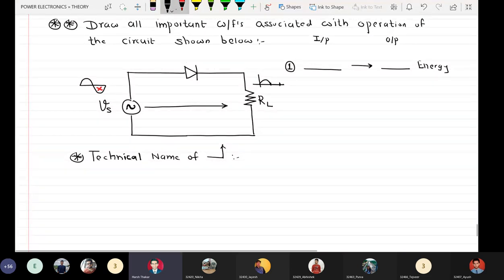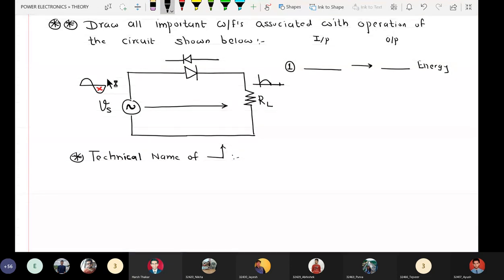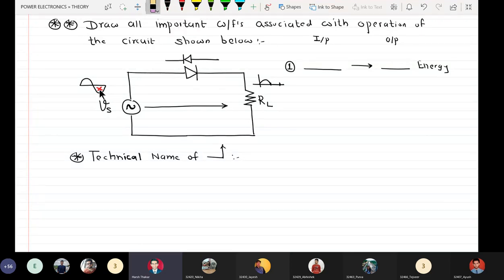On the other hand, if I reverse the direction of the diode and connect it like this, now can you tell me which cycle will not be sent? Positive. Yes. So now I can say that negative will be sent, positive will not be sent.